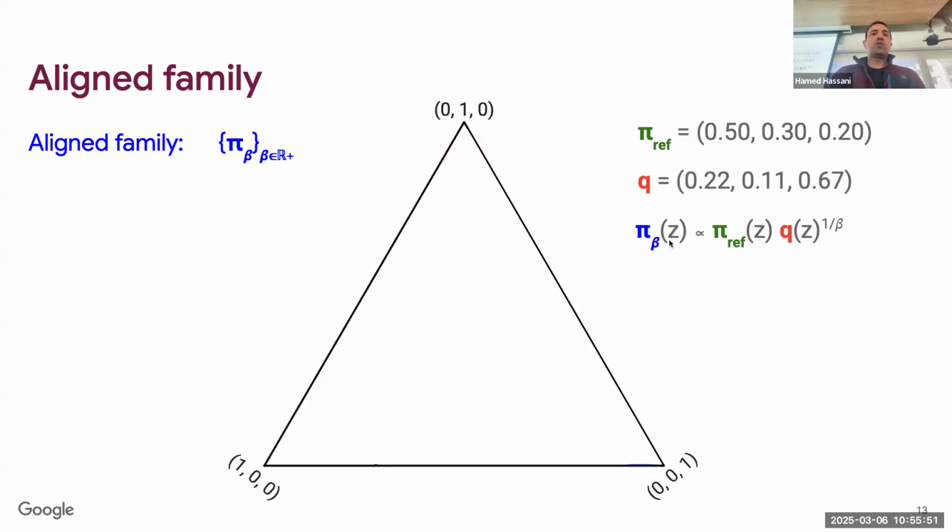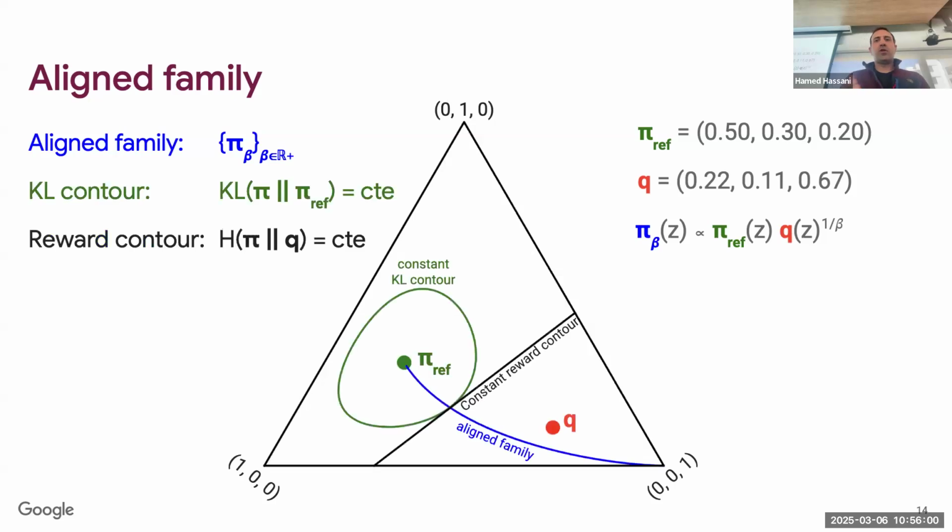Now we can go and solve this problem. I said it has a closed form solution, and we can plot the family of solutions for this very simplified language model. The family of distributions is given by this blue curve, where for beta infinity, we get the reference model.